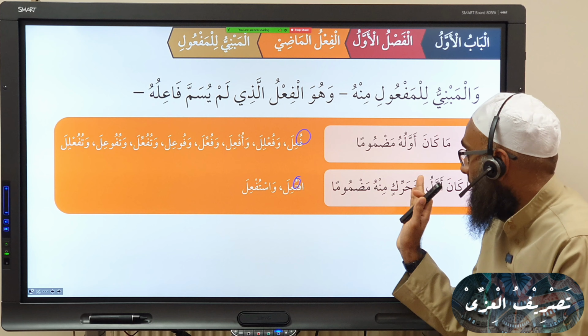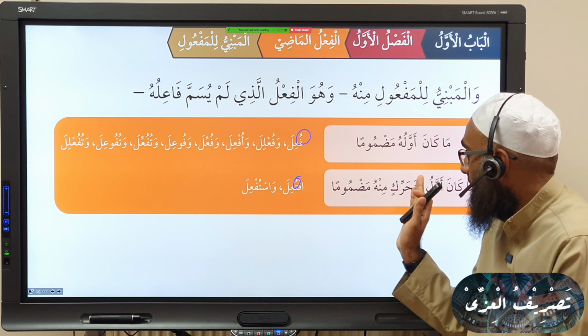Bismillahir Rahmanir Rahim. So moving on. So we said here that mabni lil-maf'ul, the fa'il majhul of the madhi, is also called al-fa'lu alladhi lam yusamma fa'iluhu. There's two aspects. One is ma kana awwaluhu madhmuman. So the first letter is madhmum. For example, fu'ila, fu'lila, uf'ila, fu'ila, to fu'ila, to fu'lila.